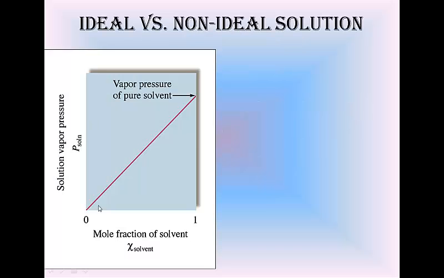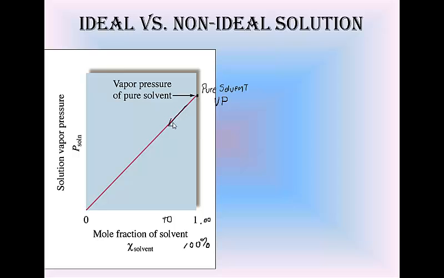Perfect visual aid. Notice the mole fraction of the solvent from 0 to 1.00, which corresponds to 100%. If it is pure solvent, the mole fraction of the pure solvent is 100%. So whatever the pure solvent vapor pressure is, as you add a solute, the mole fraction of your solvent will of course decrease.